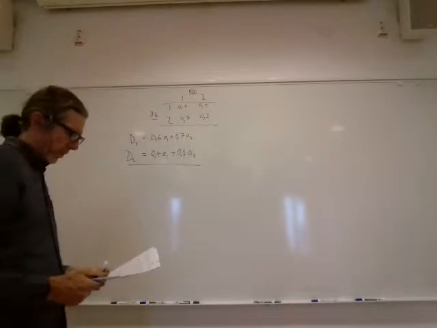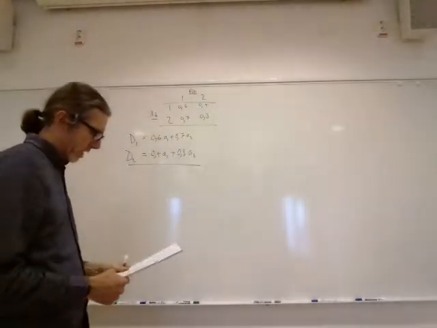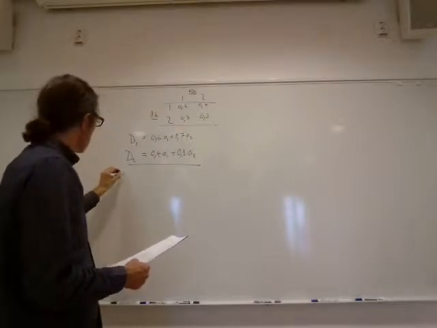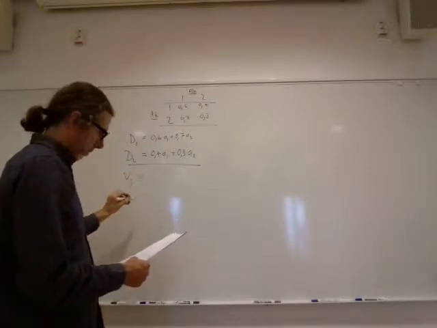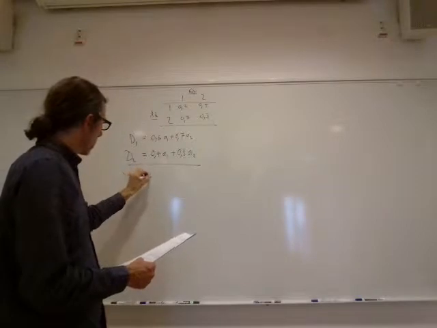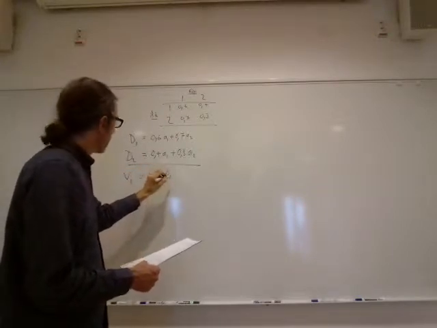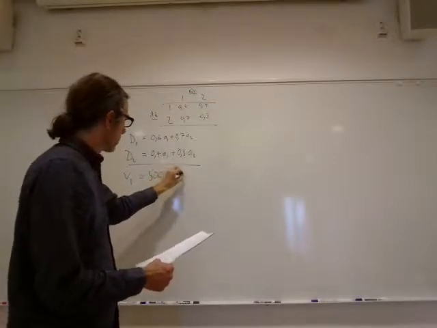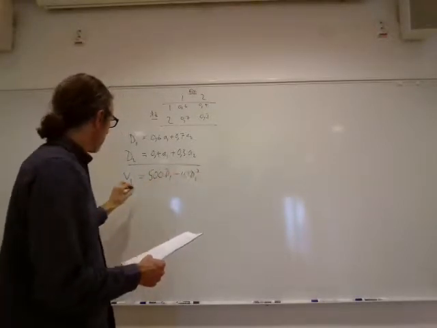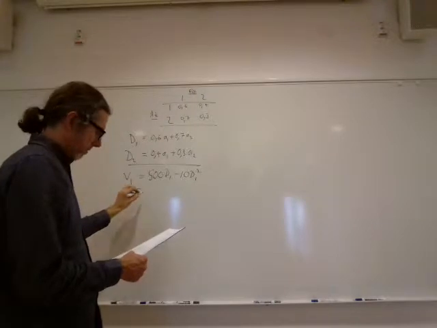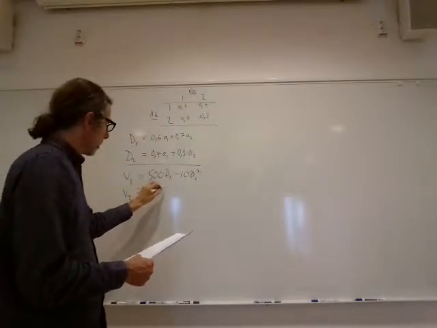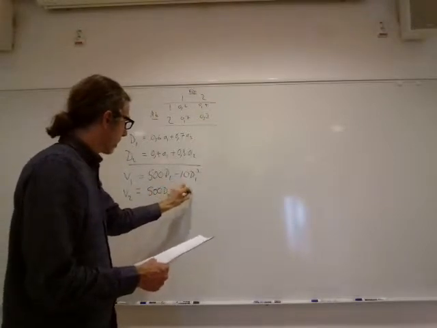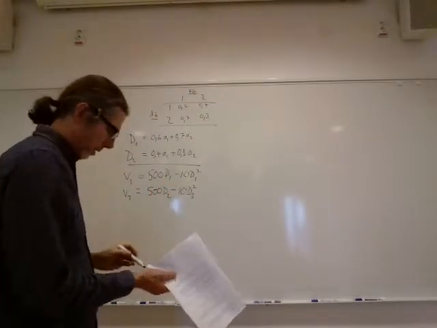The values from abatement, I'm not quite sure what that is. The benefits, I guess, are V1 is 500 D1 minus 10 D1 squared. V2 is 500 D2 minus 10 D2 squared.